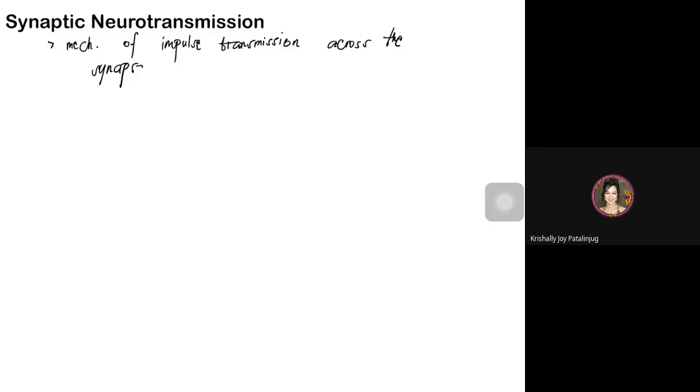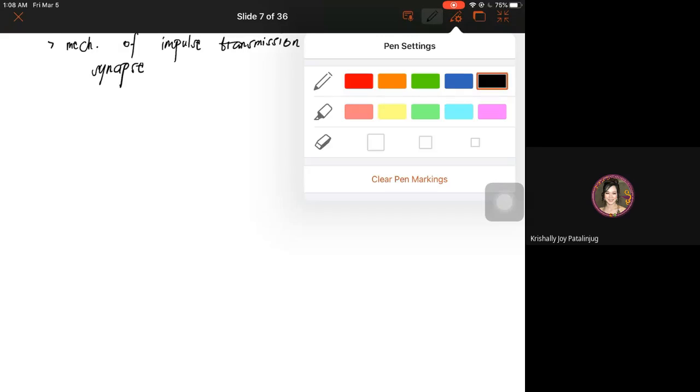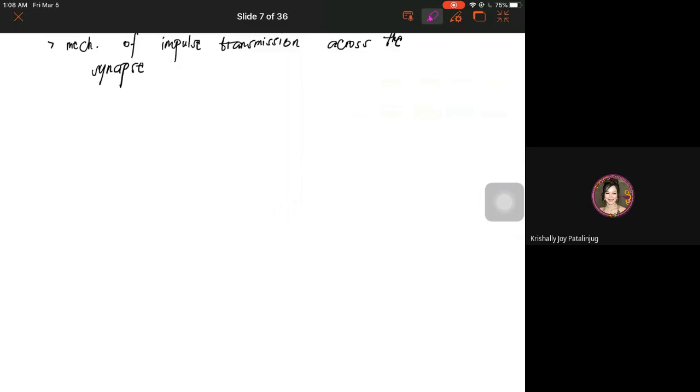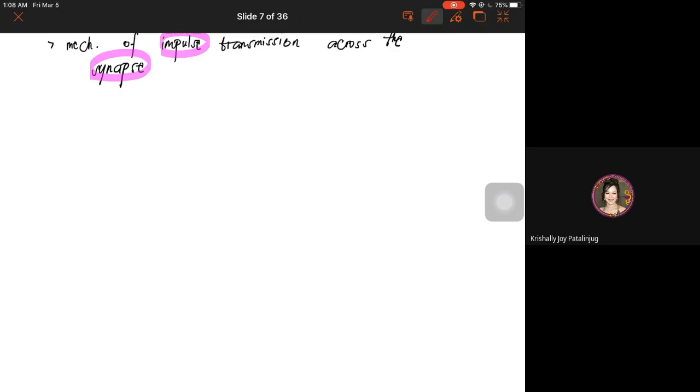Now, for you to understand this definition, let us highlight the terms impulse and synapse. Let's start with the term impulse.